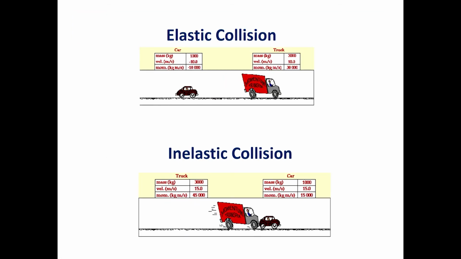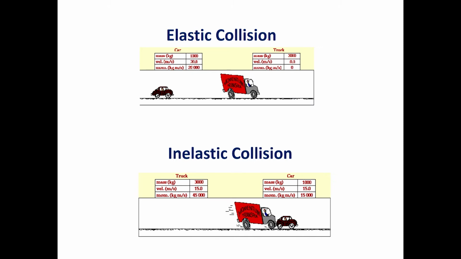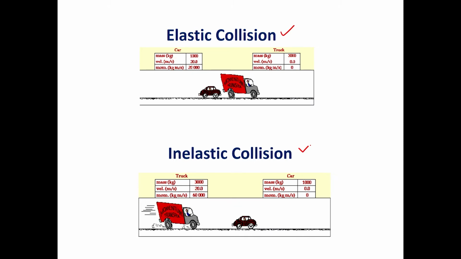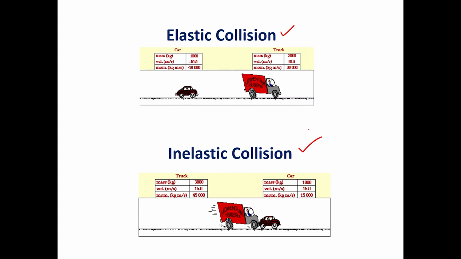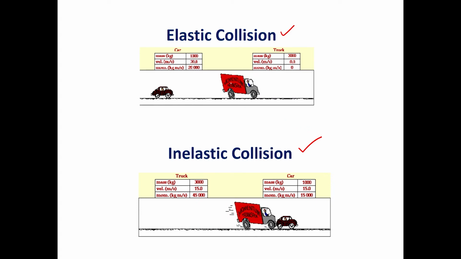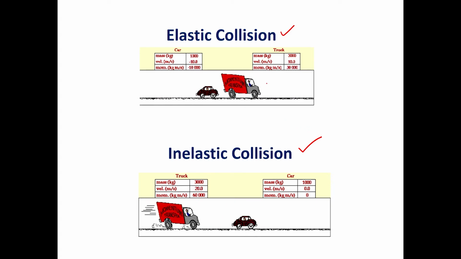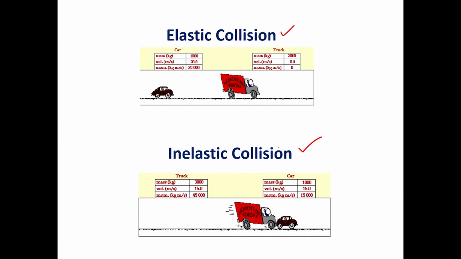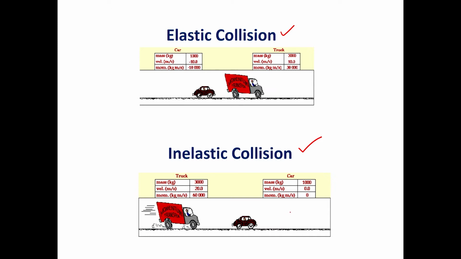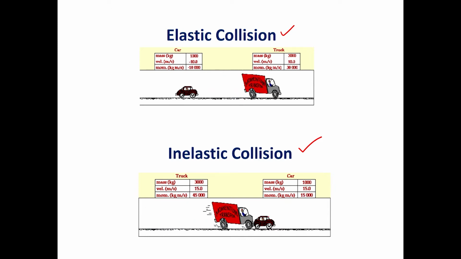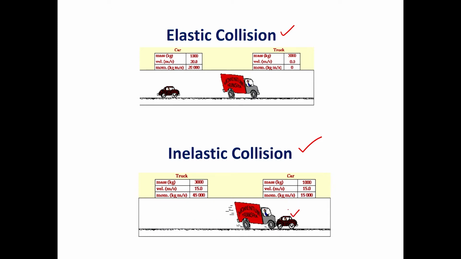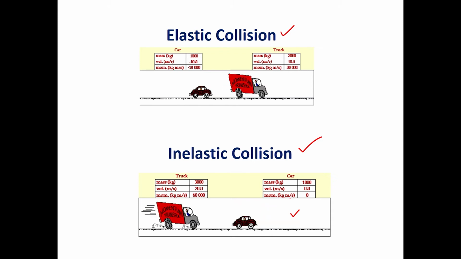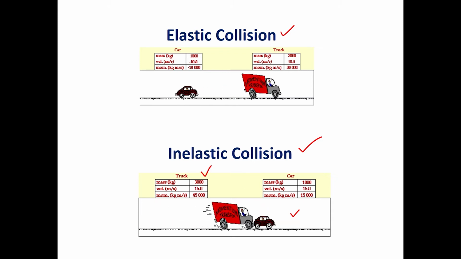This is another example of elastic and inelastic collisions. For elastic collisions, after collision the objects move with different speeds. For inelastic collisions, we can see that after collision the car and the truck move with the same speed.